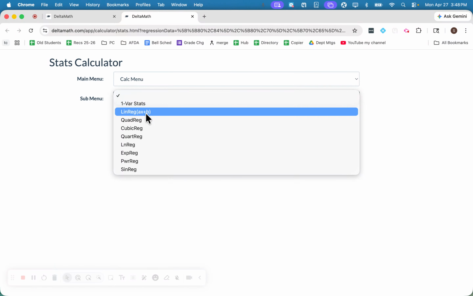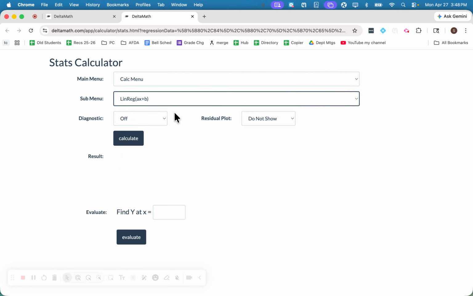This is linear regression. See, it says ax plus b. We've been calling it mx plus b, but they call it a. That's fine. It is going to find a slope and intercept equation that comes close to those x's and y's. So that's the calc menu we want. Click that.